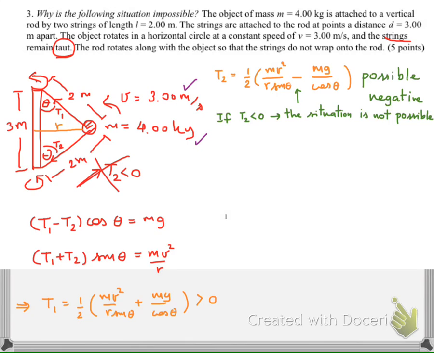We need r, and we can calculate r as the square root of 2 squared minus 1.5 squared, something like this, so we can have r, and the unit is meters.